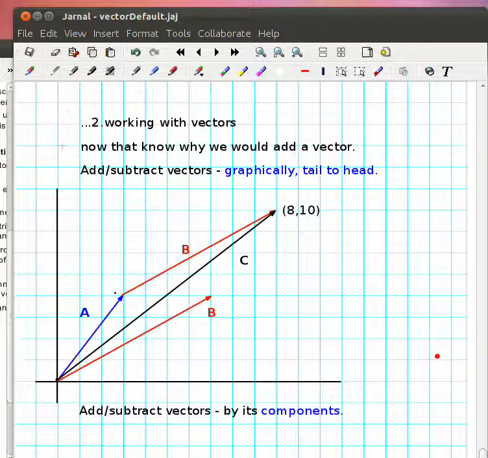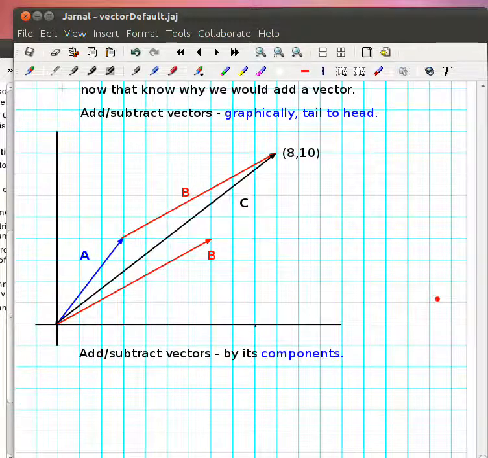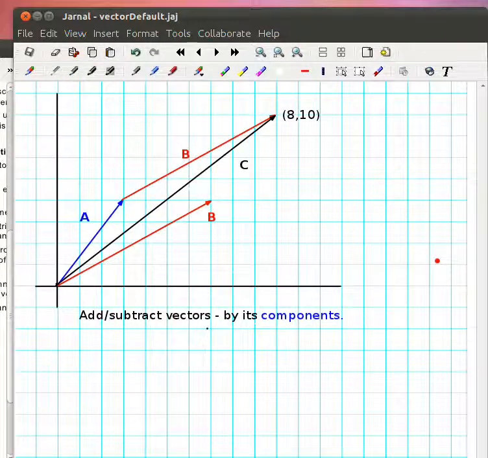Now we want to see how we would do this with components, and whether it would be the same. So let's take a look at the component form. Okay, here we are.